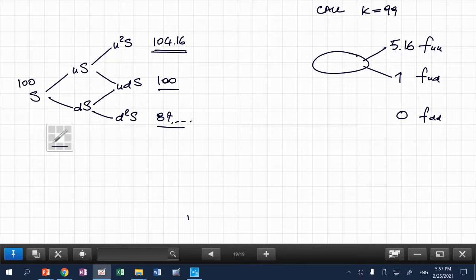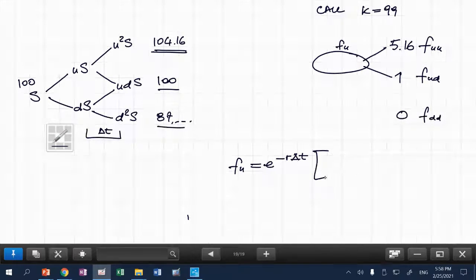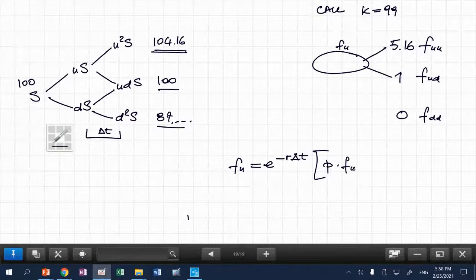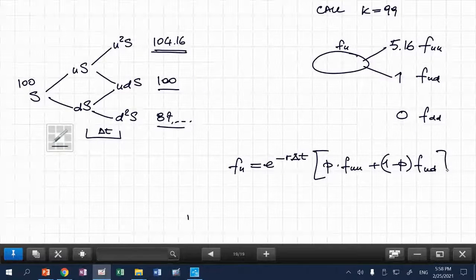If you want to derive which is the value here, FU can be derived by discounting back by 1 period, taking into account the risk neutral probabilities of the movements up and down. So for instance, FU would be equal to e to the power minus R times delta T, where delta T is not the maturity of the option. Delta T is the length of one node, okay? Multiplied by P times FUU plus 1 minus P times FUD.